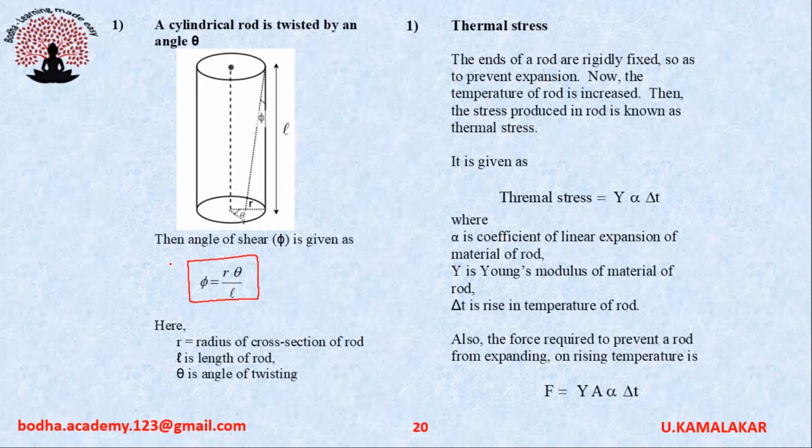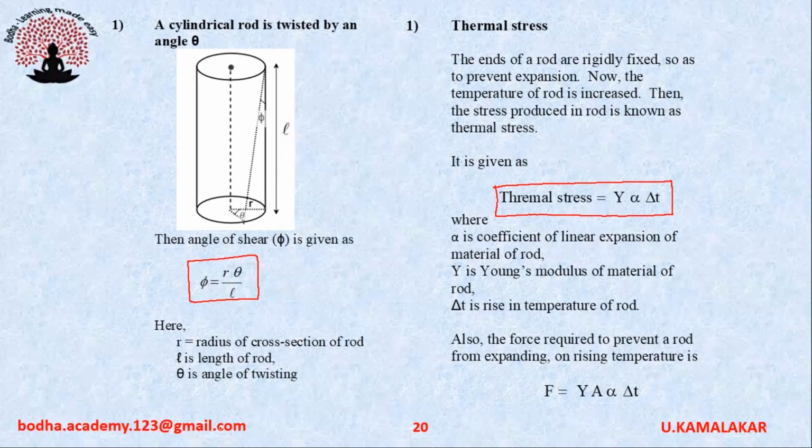Next topic. Thermal stress. The ends of rod are rigidly fixed so as to prevent expansion. Now, temperature of rod is increased. Then, stress produced in the rod is known as thermal stress and is given as Y alpha delta T, where alpha is coefficient of linear expansion of material of rod, Y is Young's modulus of material of rod, delta T is rise in temperature of rod.